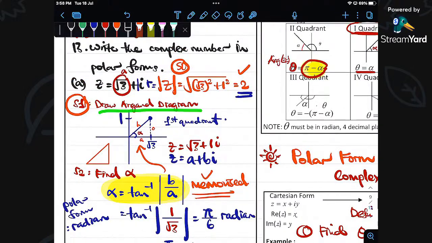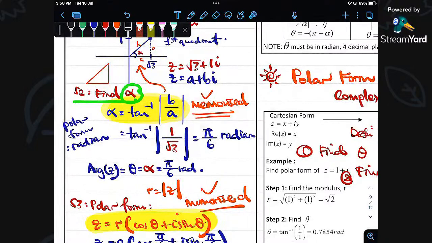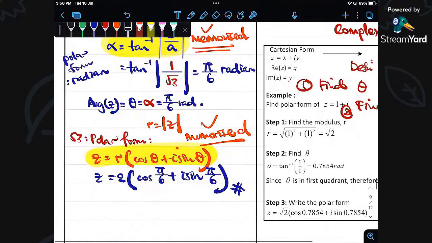Lukis dulu Argon diagram to know the quadrant. And at the same time, must find the modulus of Z. And then the step 2, find the alpha. And then you will get the theta. And then masukkan saja jawapan theta tadi ke dalam formula polar form. So these 3, basically you hanya mencari R dan juga theta, dan masukkan ke dalam formula polar form.